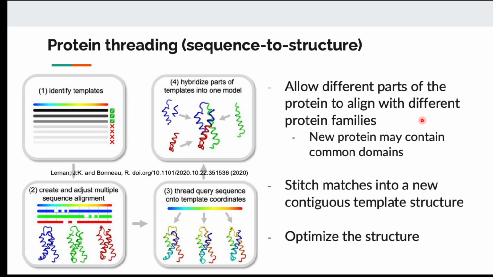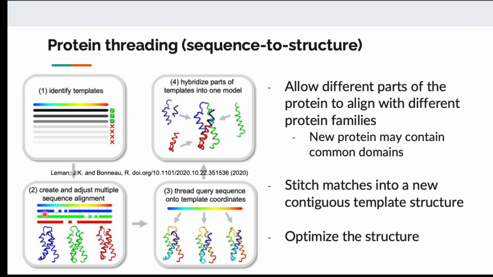But people found that proteins actually have many domains that are conserved as a domain, not as a whole protein. So when you have a new protein and you align to the database, instead of aligning the whole protein, you can do a local alignment.